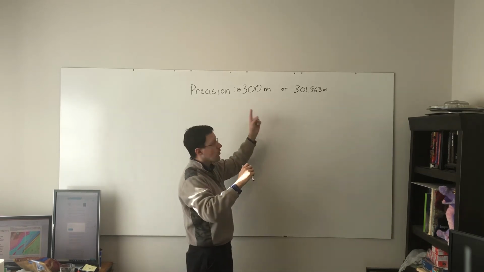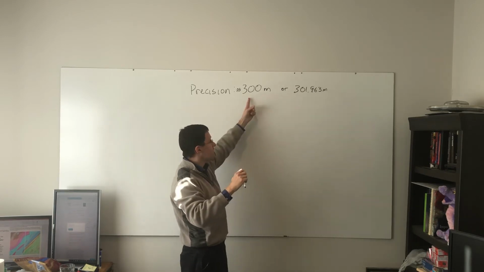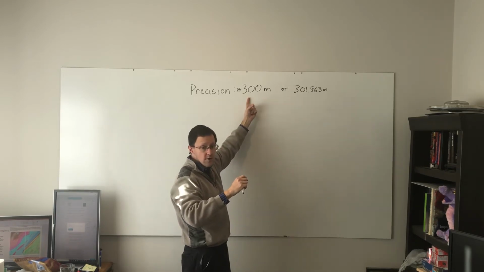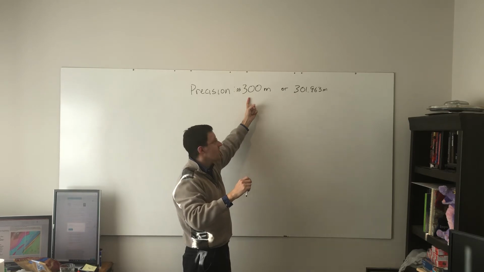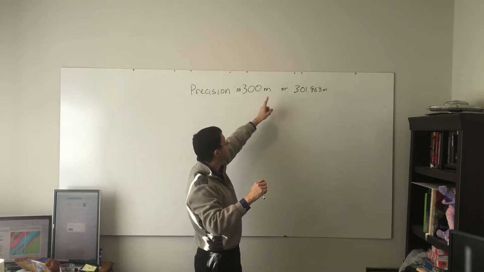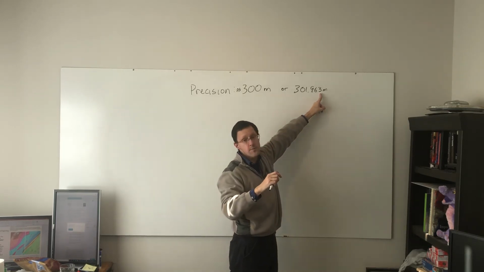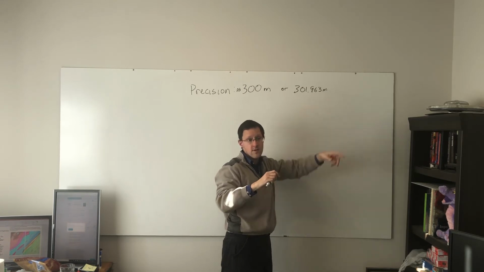Those are actually pretty close to each other, so it's not that this was, as far as it goes, wrong. It's just that it doesn't measure it down to the millimeter.